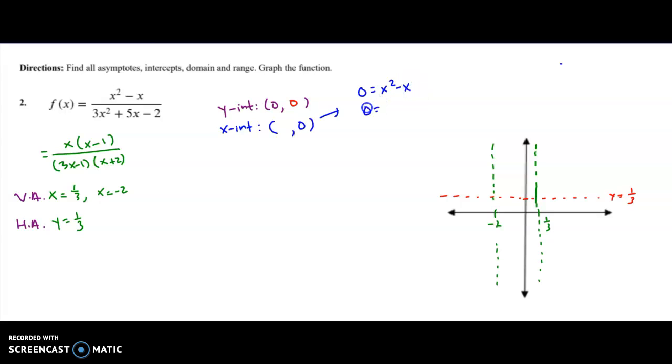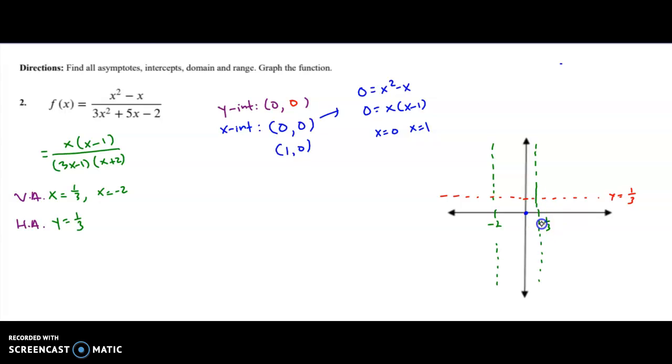So this one factors to x times (x minus 1). And so we have x is equal to 0 and x is equal to 1. So there's actually 2 x-intercepts then, at (0, 0) and at (1, 0). Okay? So at (0, 0) and at (1, 0).